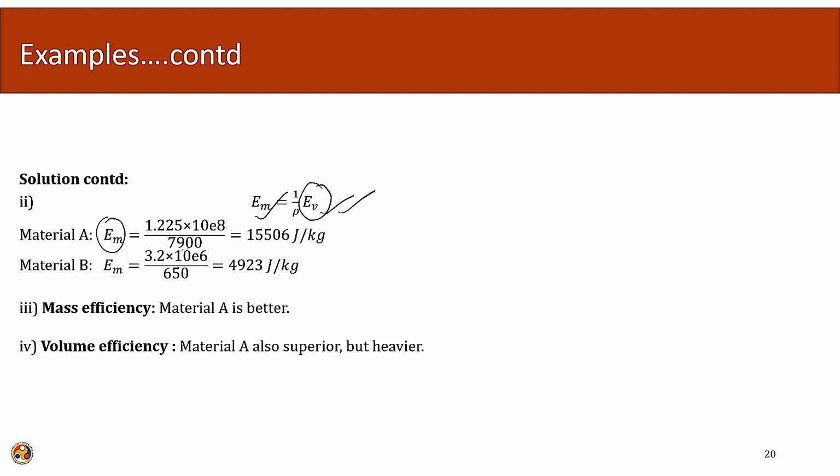The specific energy is the volumetric energy divided by the density. If we compare the mass, then material A is better. If you look into the volumetric efficiency also, material A is again better.